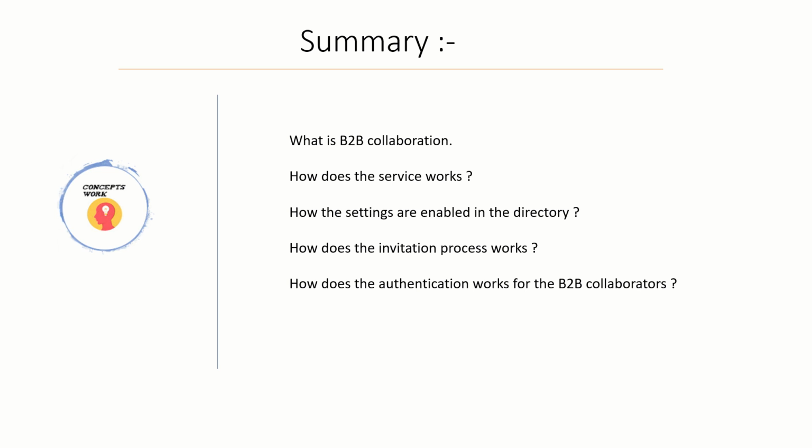So the user can be invited at three different levels: directory, application, and group. And how does the authentication work for the B2B collaborators? Now, since we were doing this for a long time, we know that if we are inviting a user from an external Azure Active Directory, it's login.microsoftonline.com itself which will complete the authentication process for you.